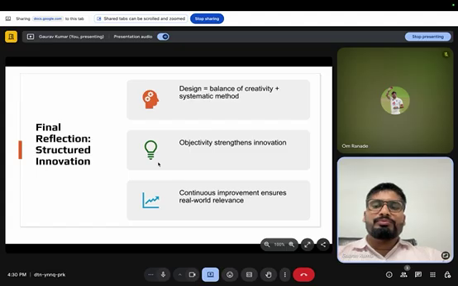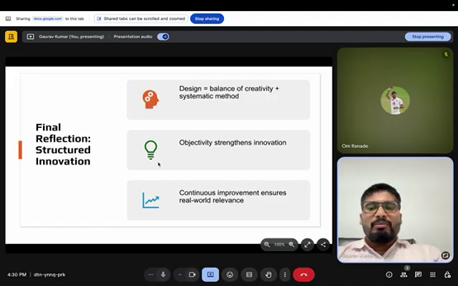Week 12 concludes with the core message that innovation must be both creative and systematic. Creativity initiates the idea, systematic evaluation validates and refines it. Together they form the essence of structured innovation, the hallmark of modern engineering design.